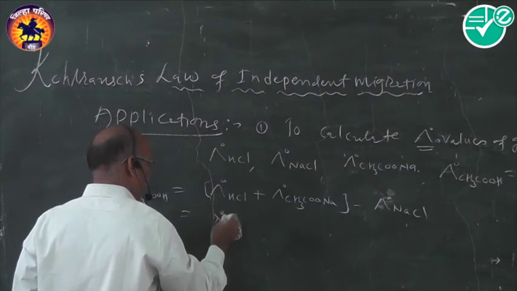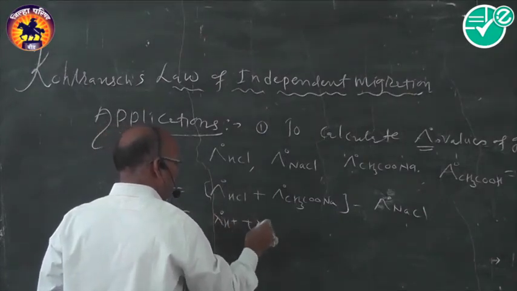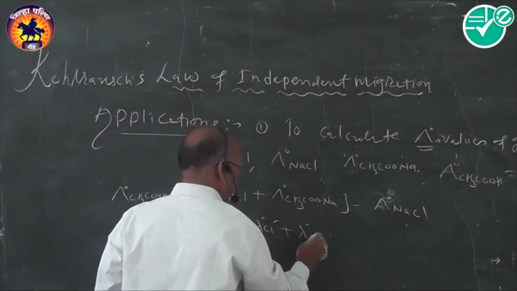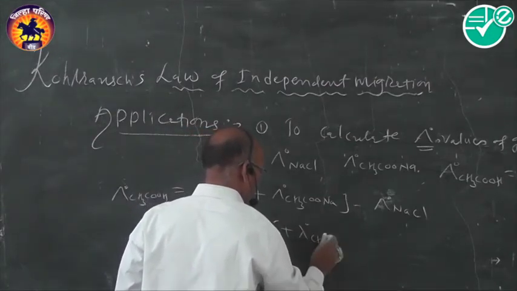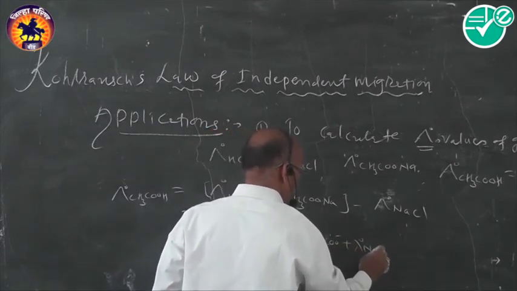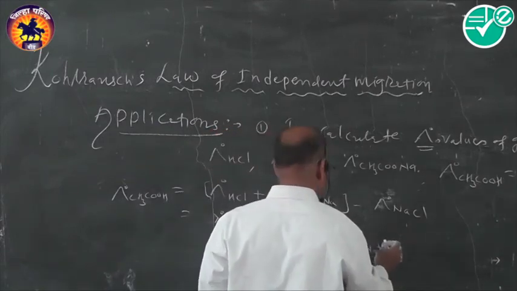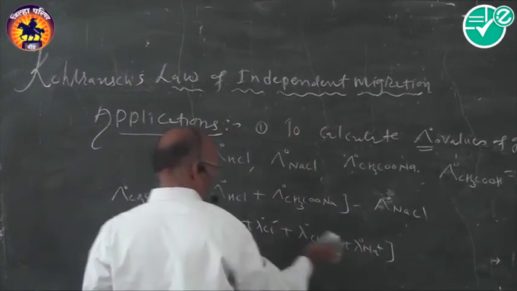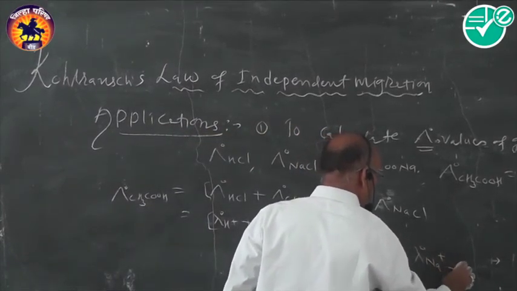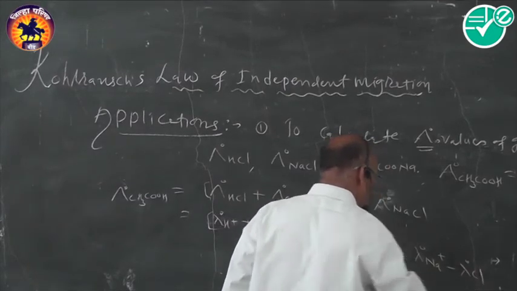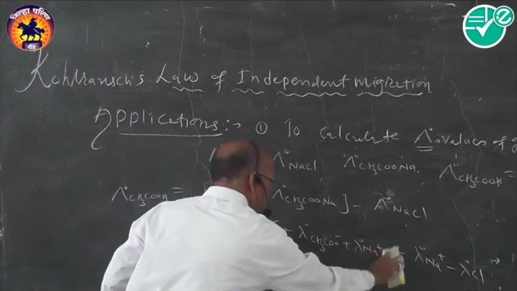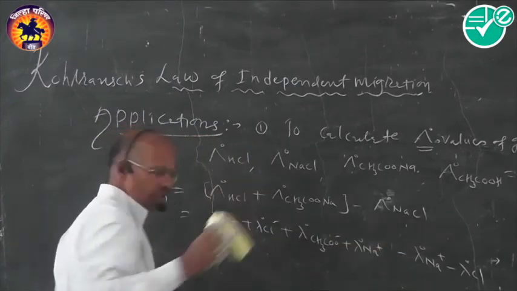Check this: lambda 0 H plus ion plus lambda 0 chloride ion plus lambda 0 acetate ion plus lambda 0 of the sodium ion, minus lambda 0 of the Na plus ion minus lambda 0 of the chloride ion. Now I will remove the brackets.